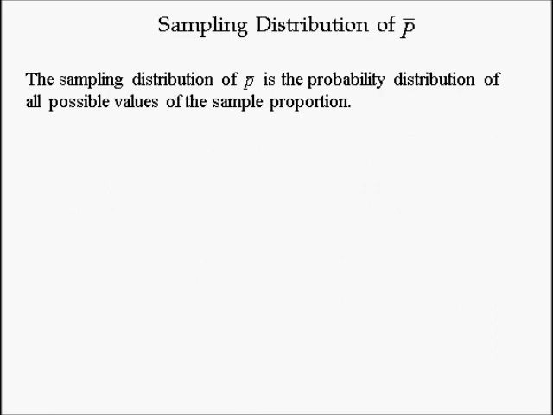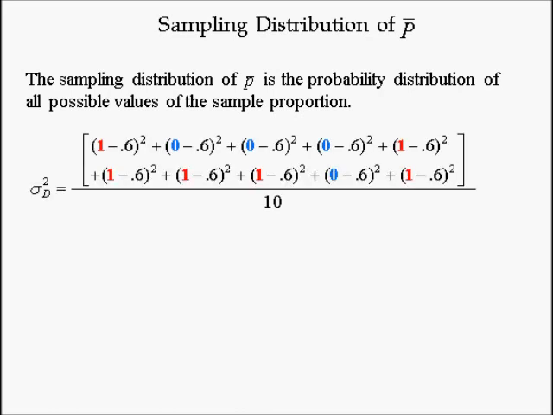Using values of the variable D from the previous slide and interpreting proportion 0.6 as the population mean and using the equation for the population variance, the variance of variable D is the sum of square deviations from mean 0.6 divided by the number of values in variable D, which is 10.